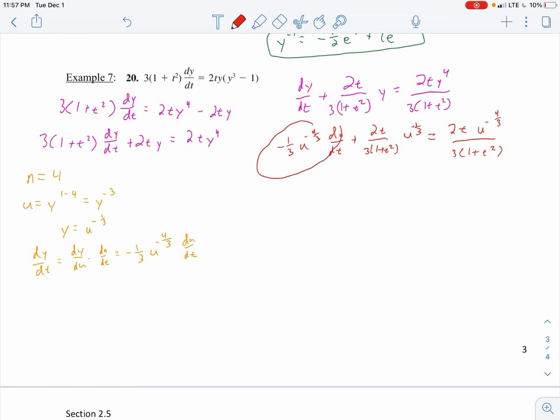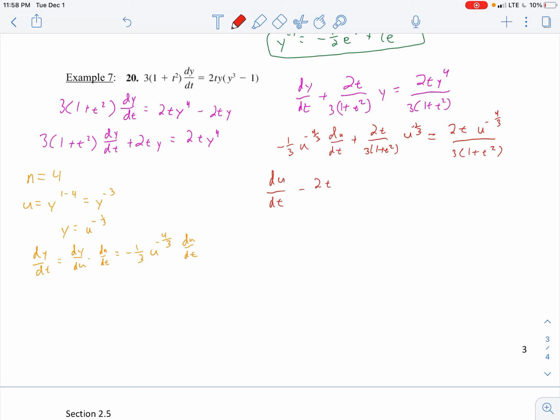Alright, now we want to get rid of this negative 1/3 u to the negative 4/3. So let's go ahead and do that. And we're going to get du over dt plus, well, it's going to be minus, because we're going to multiply by a negative 3. But hey, that 3 is going to cancel out.